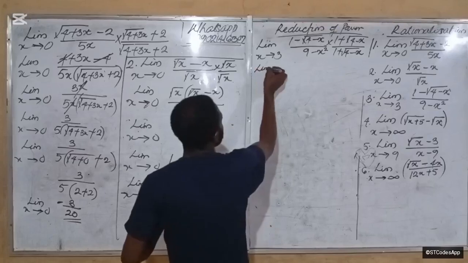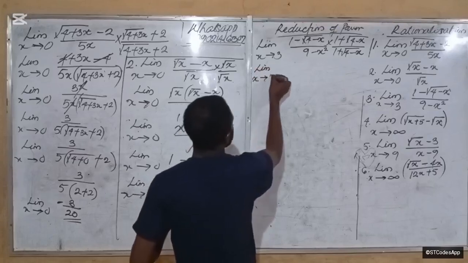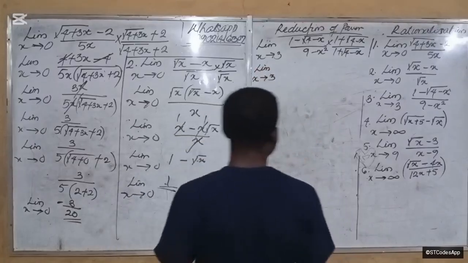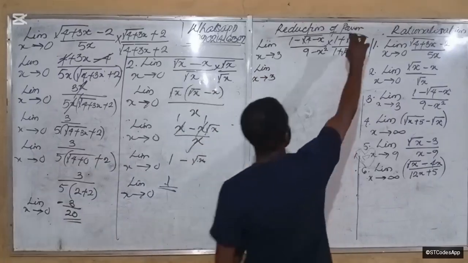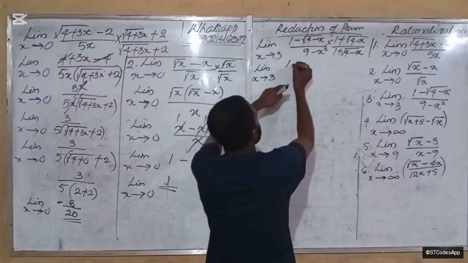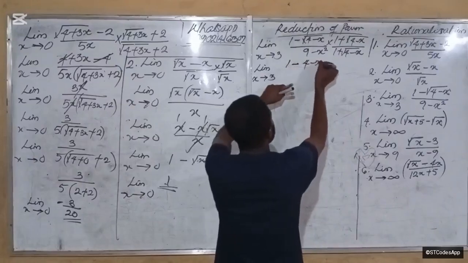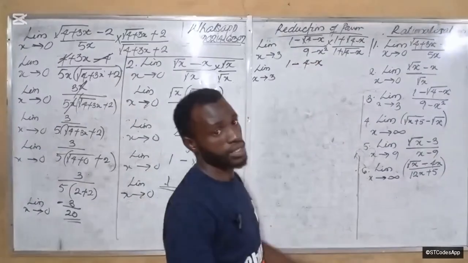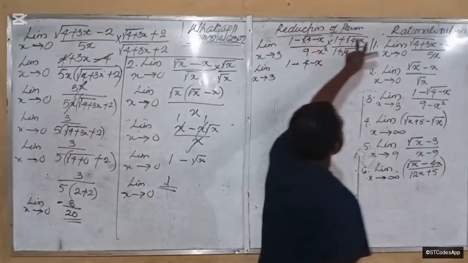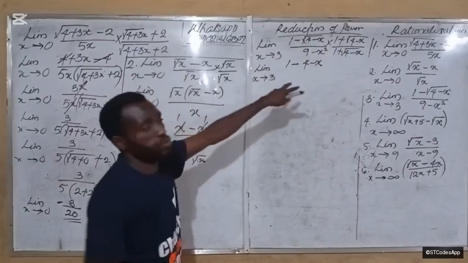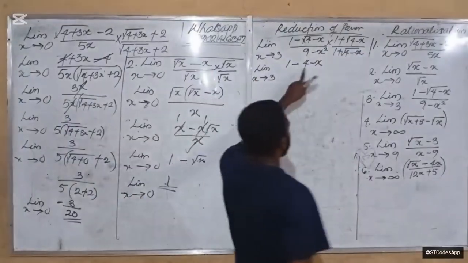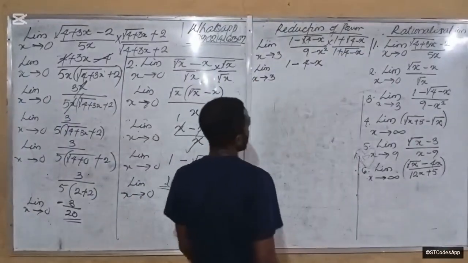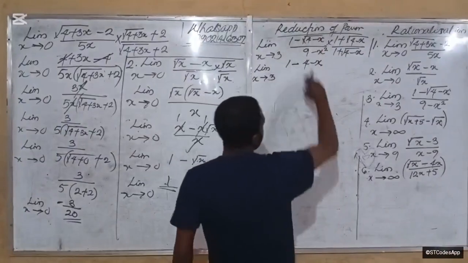So it becomes the limit as x approaches 3 of the numerator, which will give us 1 minus 4 minus x. Does that make sense? Because when you multiply, I told you it's going to give you a difference of 2 squares: 1 squared minus this guy squared, which is going to take care of the square root.